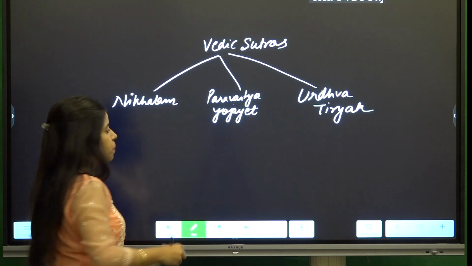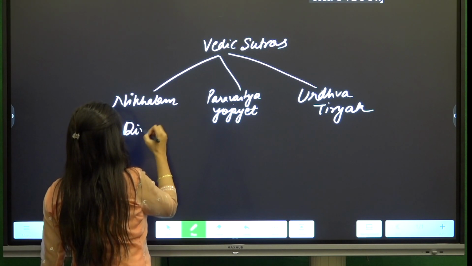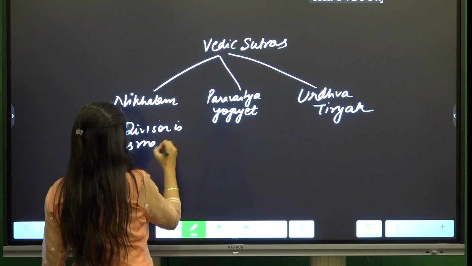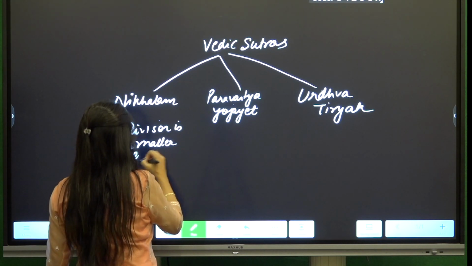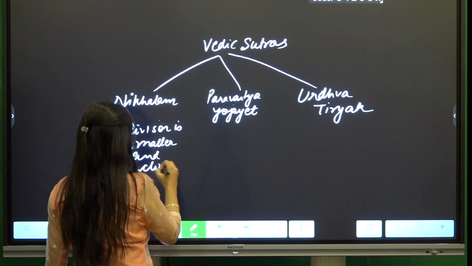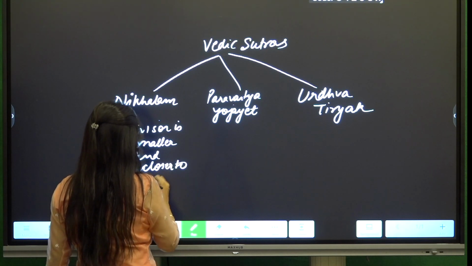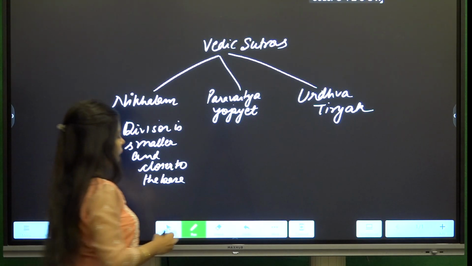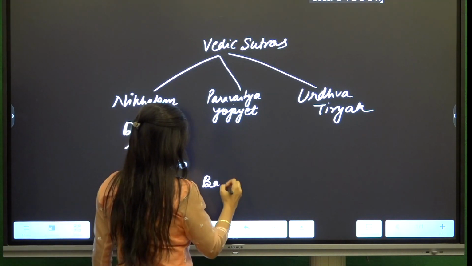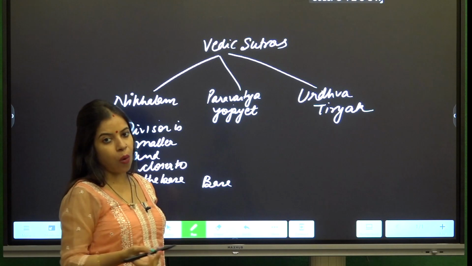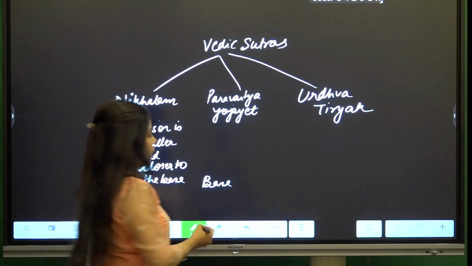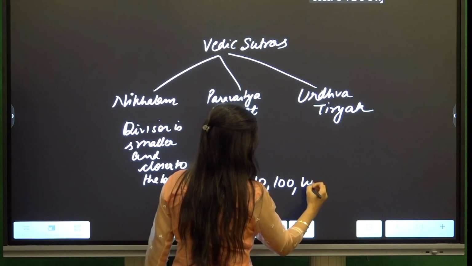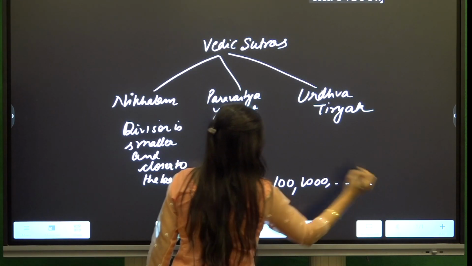First one is used when the divisor is smaller and closer to the base. And by base, I mean the numbers which are of the form of powers of 10, that is 10, 100, 1000 and so on.